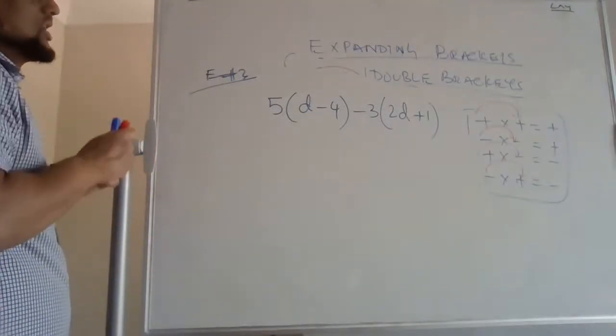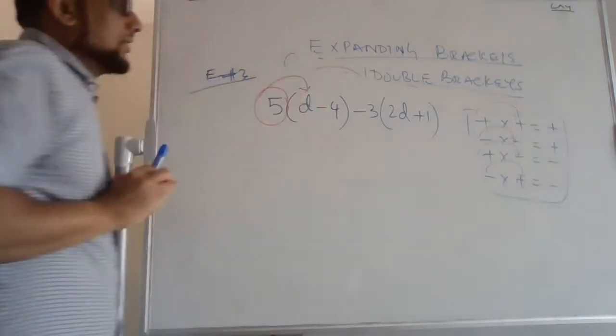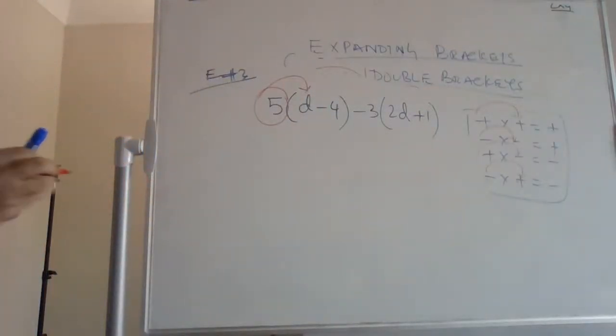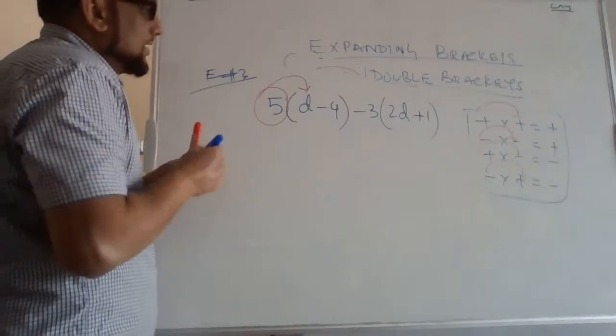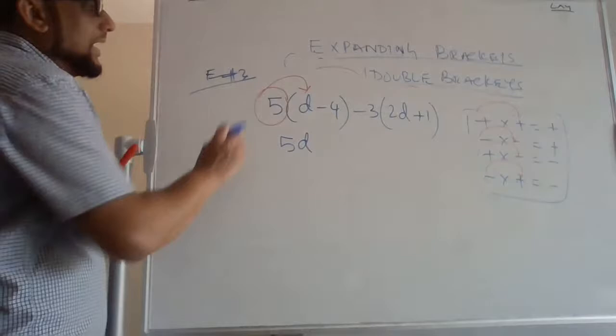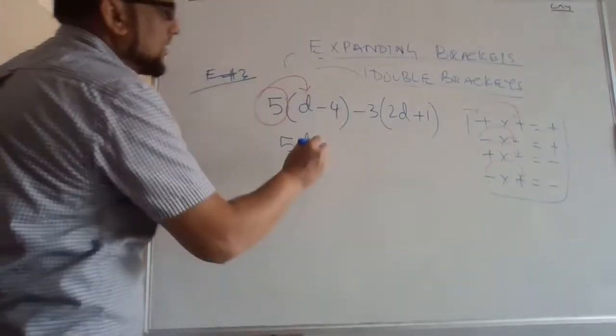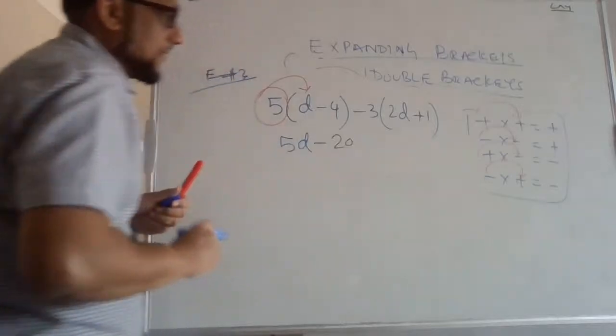So first we need to multiply with this d. So coming 5d. And plus minus is minus, and 5 times 4 is 20.